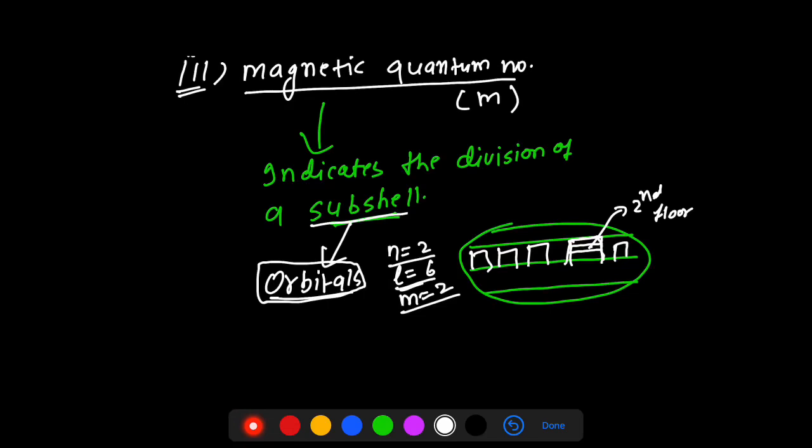Now, many orbitals will come together to make a subshell, and many subshells will come together to make a shell, right? The division of a subshell is called orbitals. We'll keep that in mind. And remember, this is different from orbits. Orbit is nothing but the shell only, right?